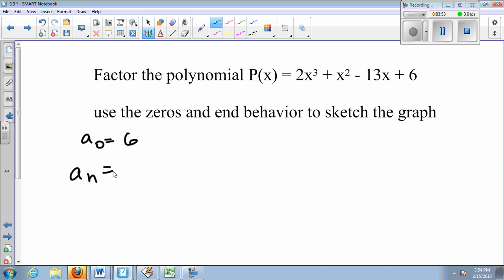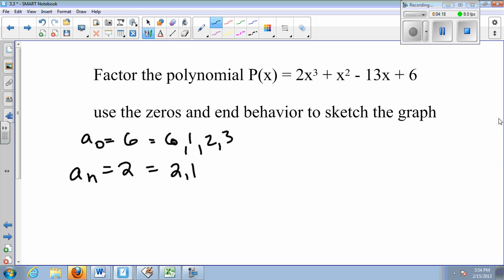A sub n is 2. So we need to list all the factors of 6, which are 1, 2, 3, and 6. And the factors of 2 are just 2 and 1.